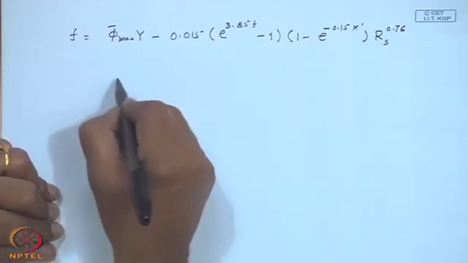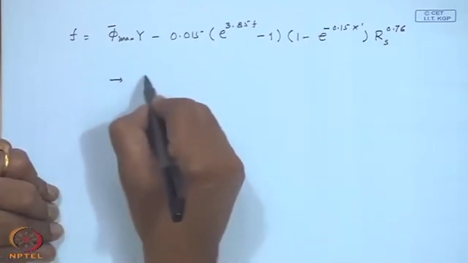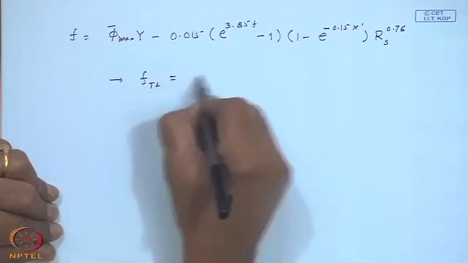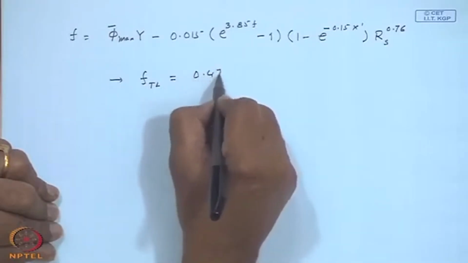So, this will come out to be, now we should call it FTL because it included the tank losses, 0.47.